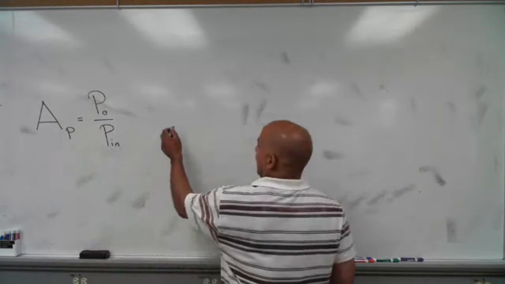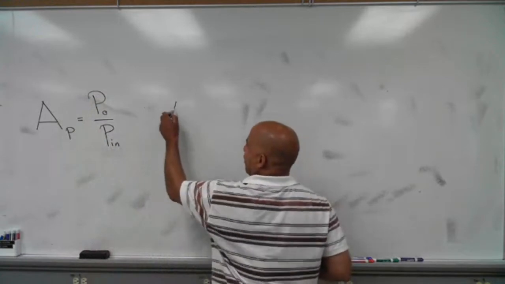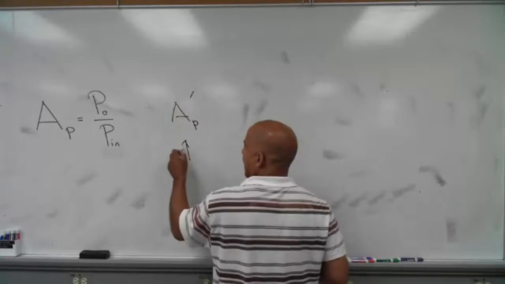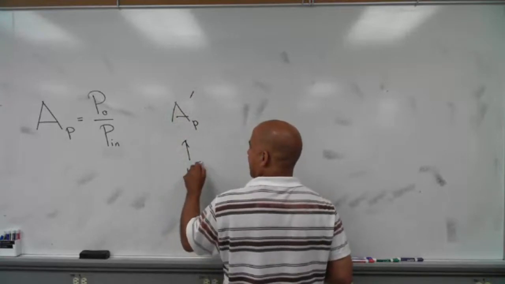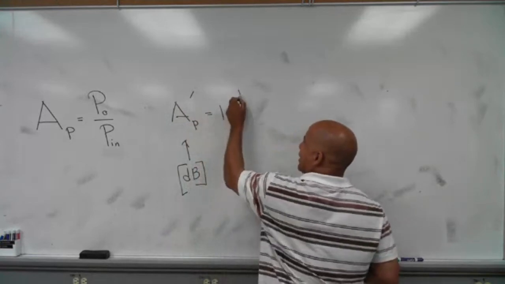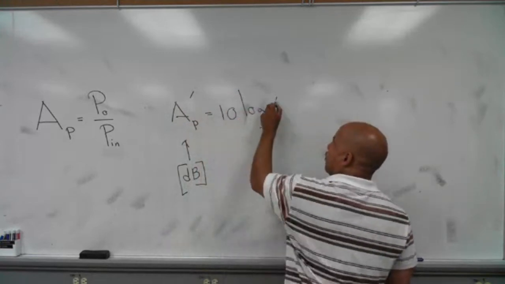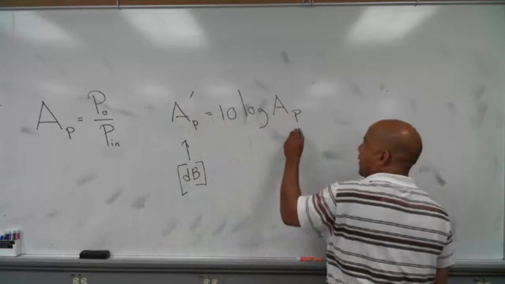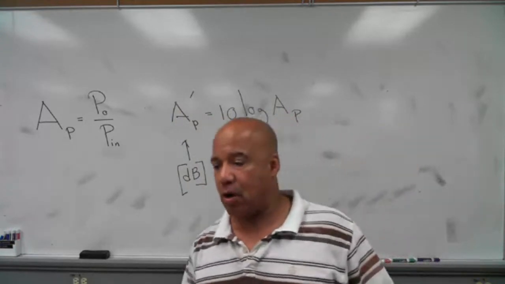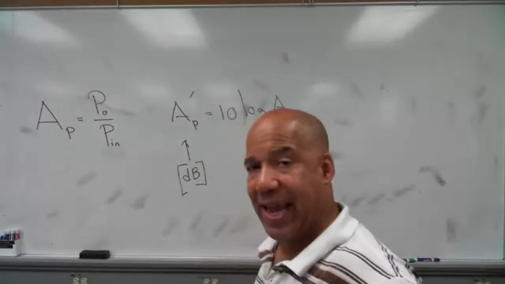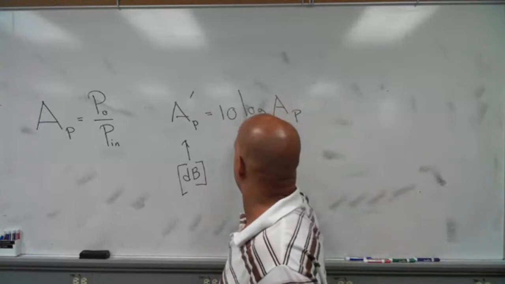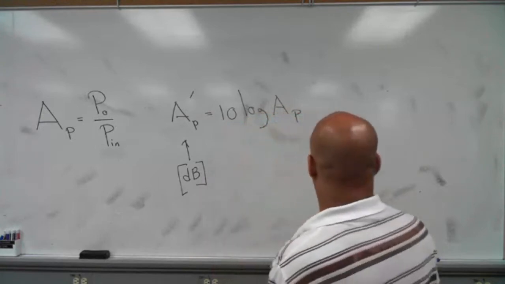But now, if I want to change that to decibel power gain, so that's dB now, what I would do is take 10 times the log of the regular gain. So if you're writing this down, that's the very first thing you want to remember: to go from a regular gain to a dB gain, if it's power, it's going to be 10 log of the regular gain.